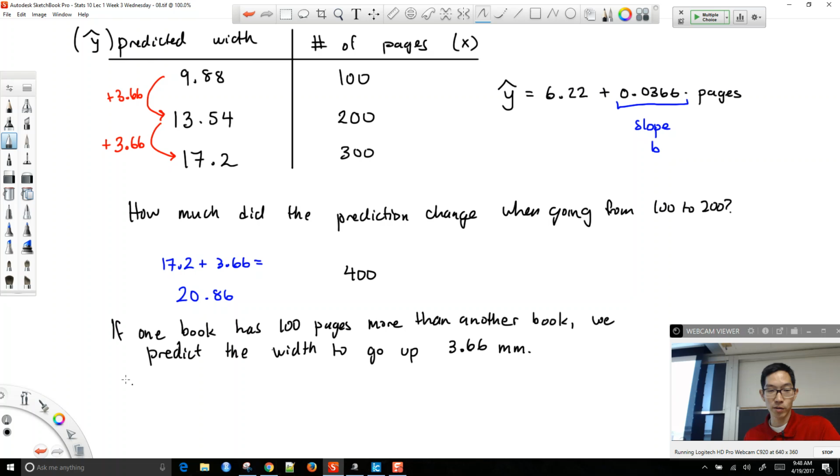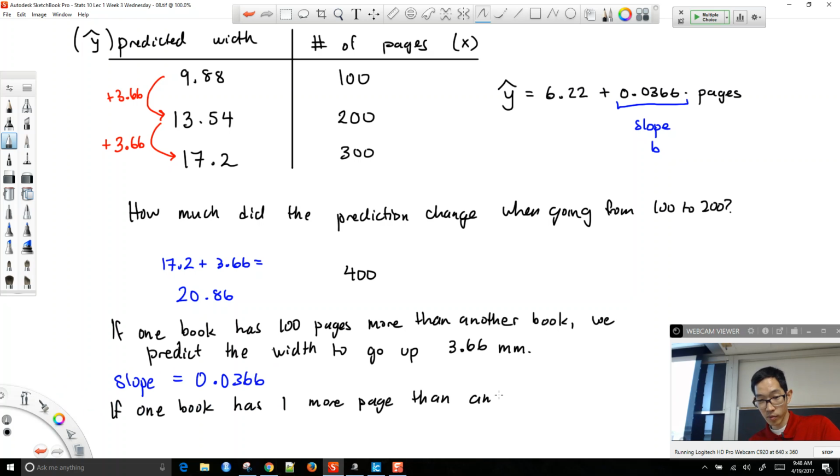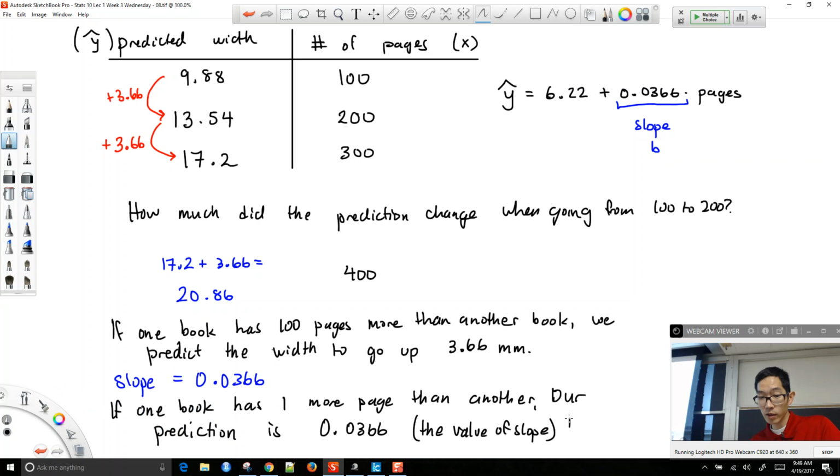So another way to look at it, the slope is equal to 0.0366, and we would say something along the lines of, if one book has one more page than another, our prediction is 0.0366, the value of the slope, more than the other book.